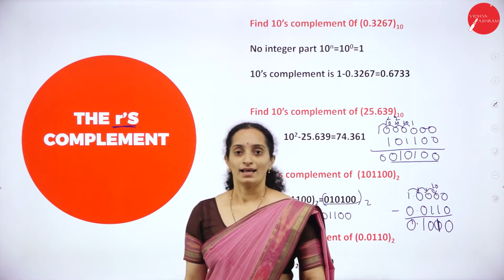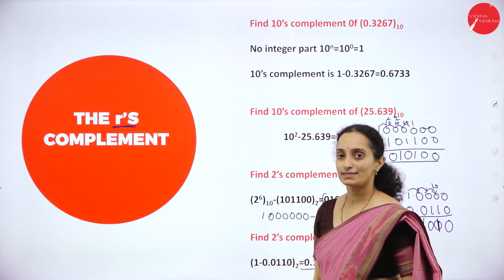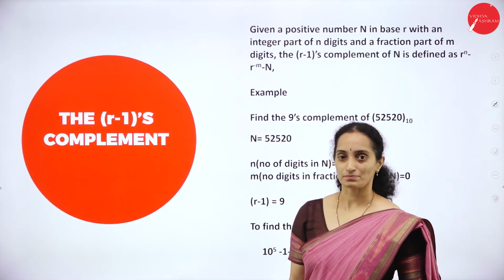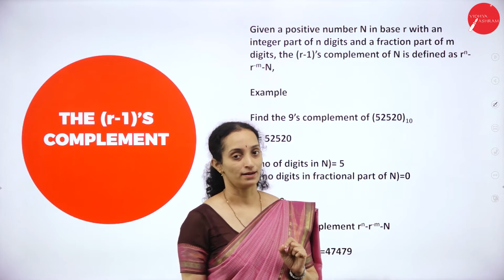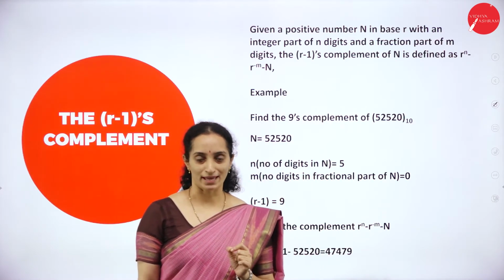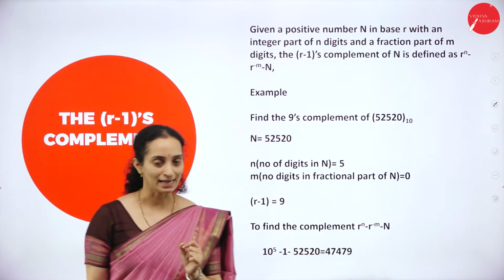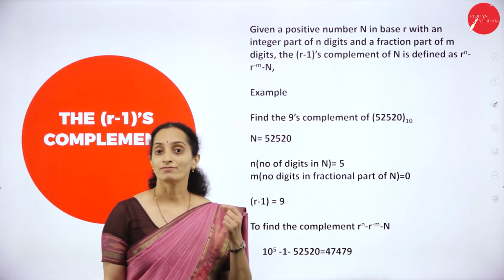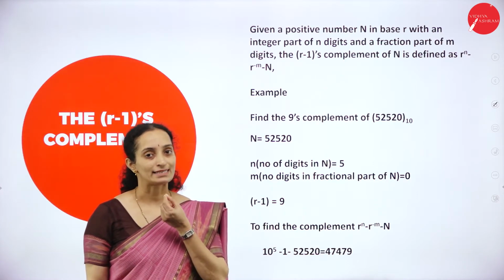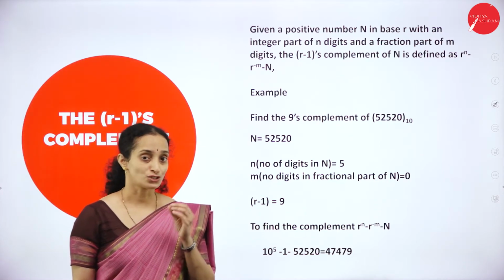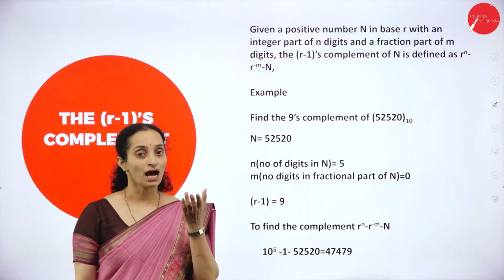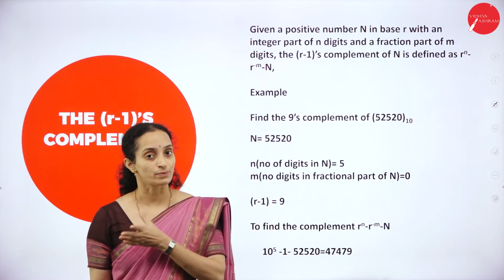Okay. Another complement system is R minus 1. Again, here we have R as the base. If it is the decimal system, R will be 10, and R minus 1 is 10 minus 1, which is 9. If the base R is 2, then R minus 1 will be 2 minus 1, which is 1.